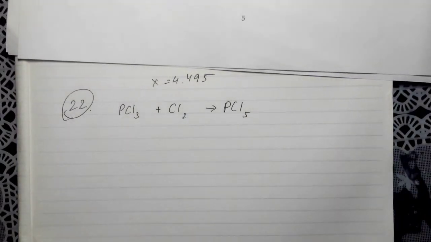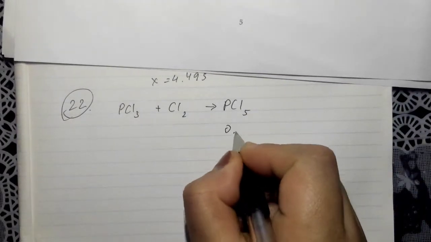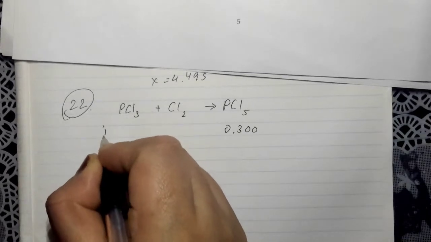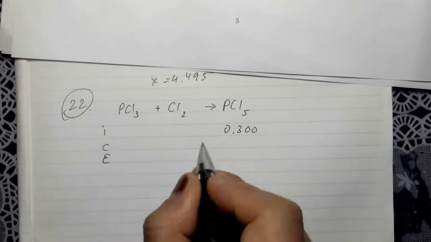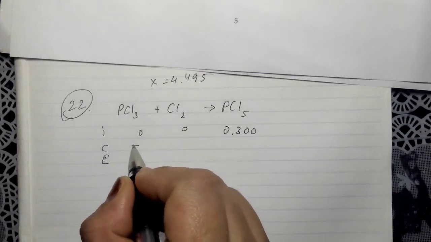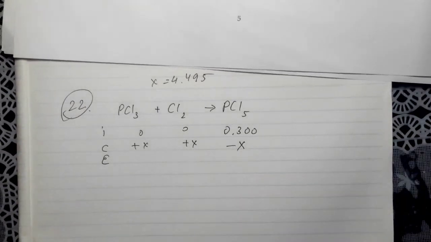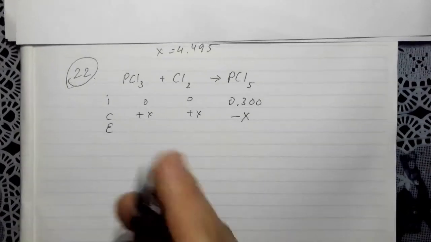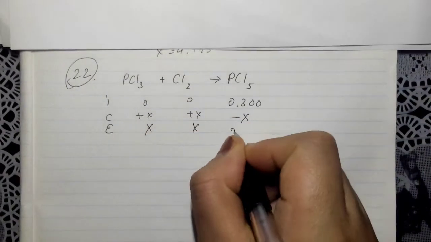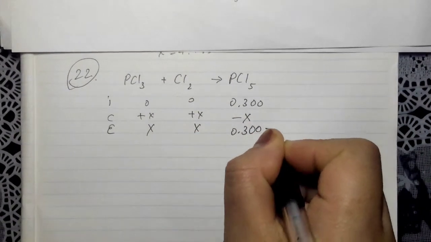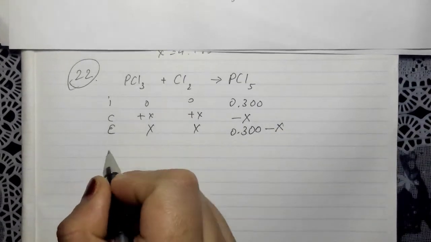What did they give us? They give us PCl5. That's I. C is 0, plus x, minus x. Again, the coefficients are all 1. E is x, x, 0.300 minus x.